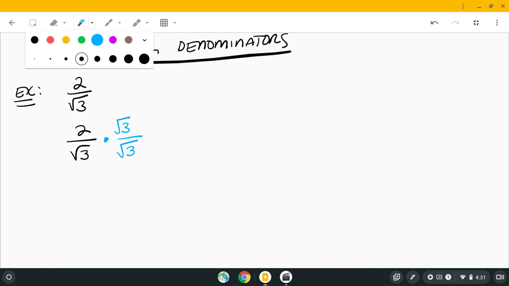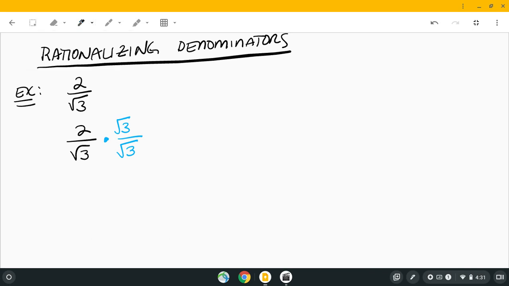Now in the numerator I get 2 square root 3, but in the denominator I get square root of 9, and square root of 9 is actually 3. And there you go, 3. That's a rational number. So that's what rationalizing the denominator means: turning your irrational denominator into something that is rational.